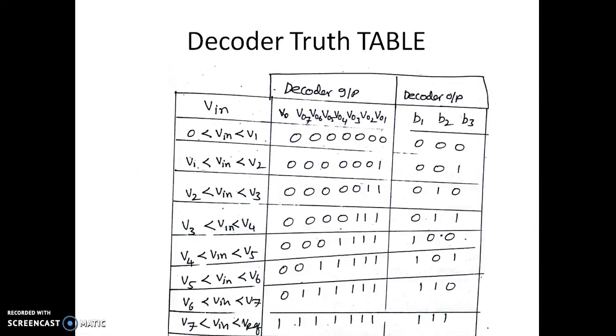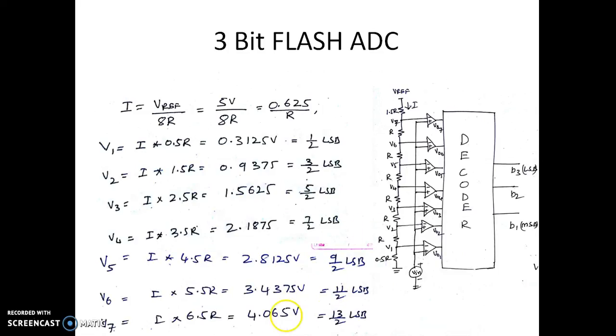Now let us see, these are the reference voltages for this comparator. The other input for the comparator is the input voltage, V in. So let us see what V01, V02, V03 are. V01 is nothing but the comparison of V1 and V in.